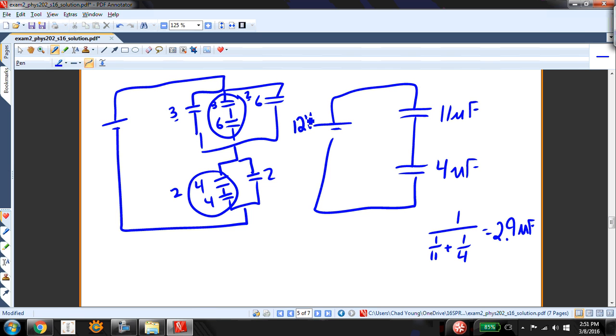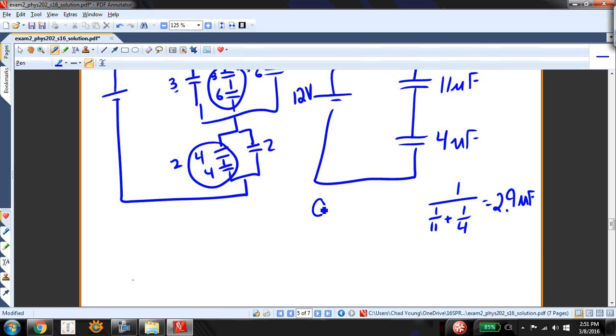And then you had to find the equivalent charge, which is going to be 2.9 microfarads times 12 volts. That's about 36 rather, 34.8. So we'll just call this 35 micro. We'll keep one decimal place, 34.8 microcoulombs.